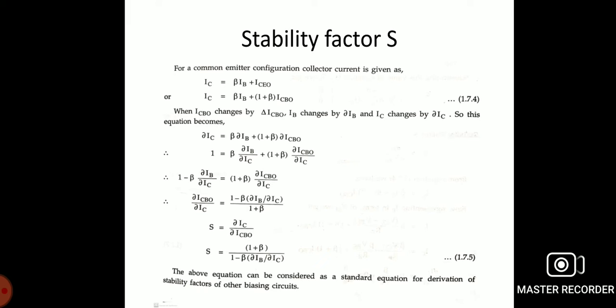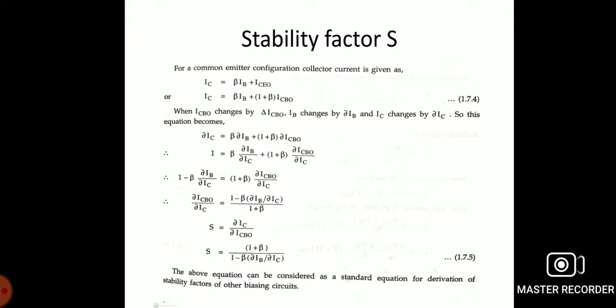Now we can rearrange the condition to (1 minus beta) ∂IB by ∂IC equals (1 plus beta) ∂ICBO divided by ∂IC.